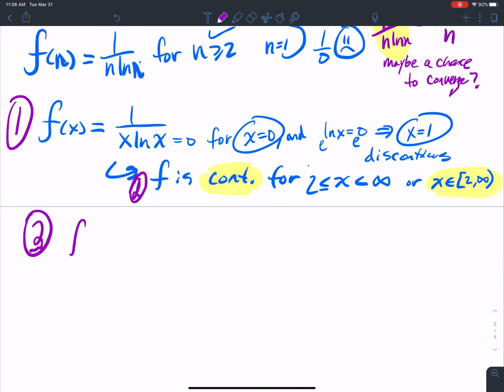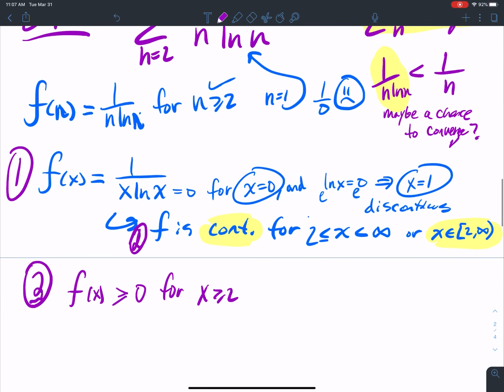So f of x has got to be positive, greater than or equal to 0 for x greater than or equal to 2, right? So is that true? Is 1 over x ln x positive?